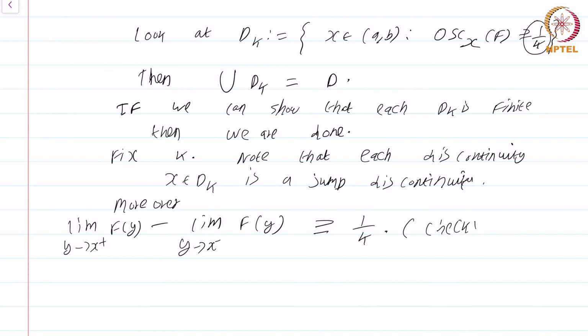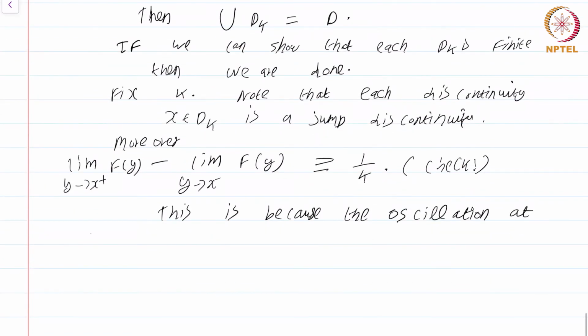I will just write, this is because the oscillation at the point x is at least 1 over k.